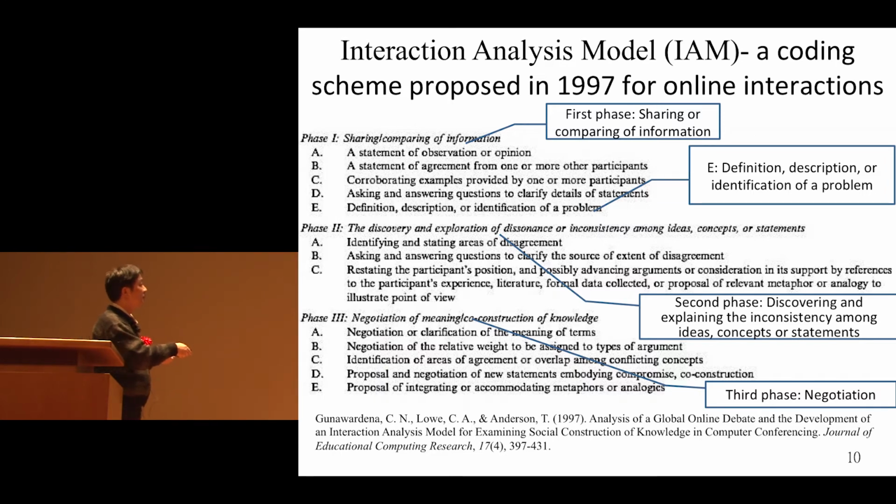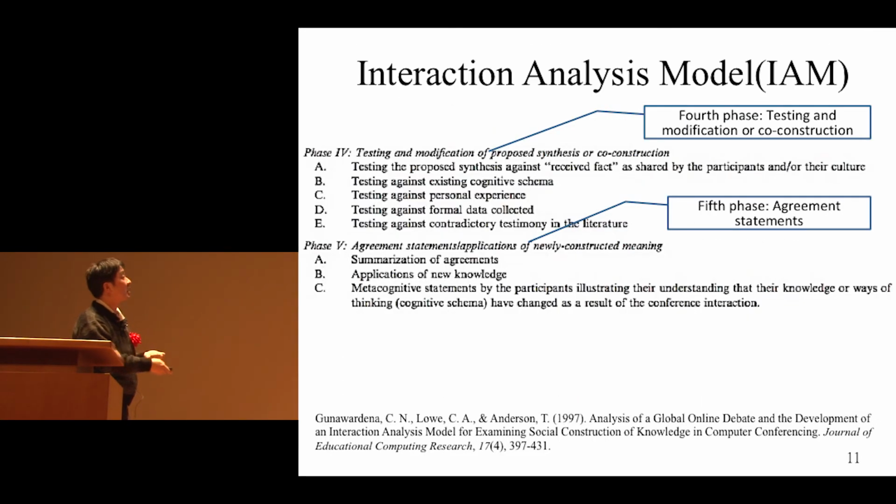The third phase is about negotiation. The fourth phase is related to testing, modification, or reconstruction based on maybe the negotiation result. And the 5th phase is to reach an agreement based on the peer discussion.